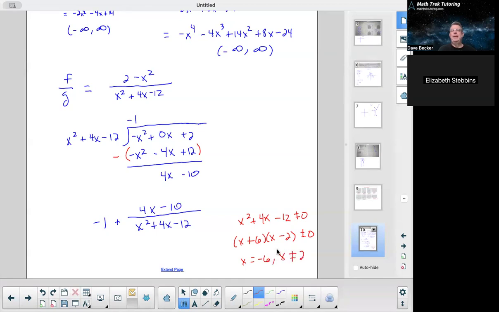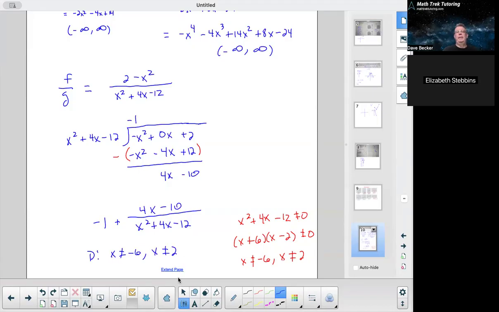And I don't know if he would accept that as your domain. Generally, it's accepted if we just say that the domain, x cannot equal negative 6 and x cannot equal 2. It's generally accepted that the rest is all the real numbers.